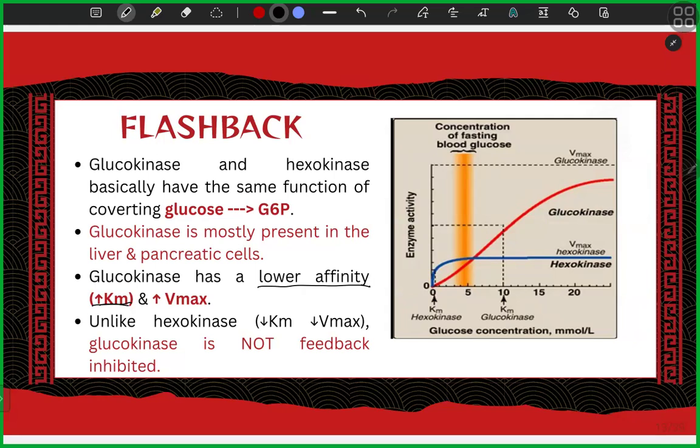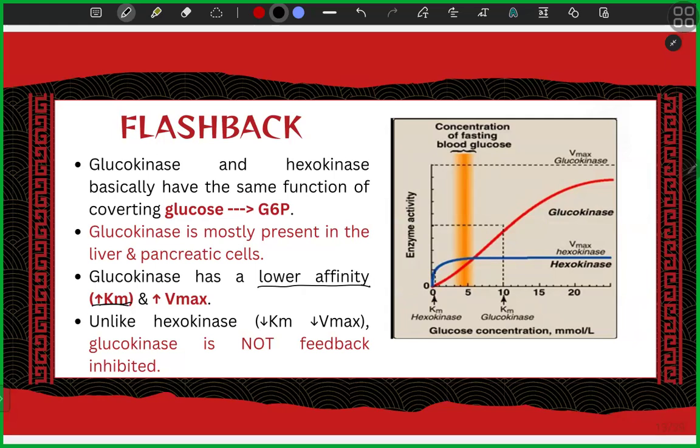Again, glucokinase is not feedback inhibited. I think you took this too, but I'll just re-explain it. So as I said, hexokinase is going to be present in all the other cells. For example, it's present in your muscle cells. So this hexokinase is going to start converting your glucose to G6P, and eventually it's going to serve as a source of energy for the muscle itself.